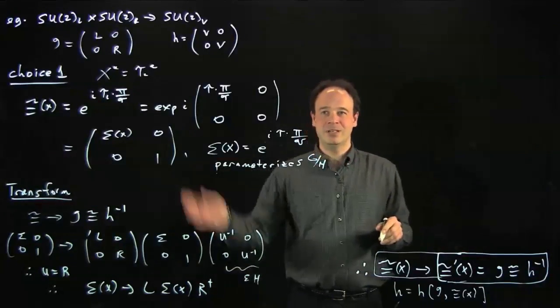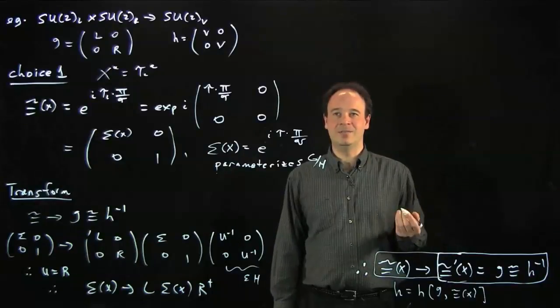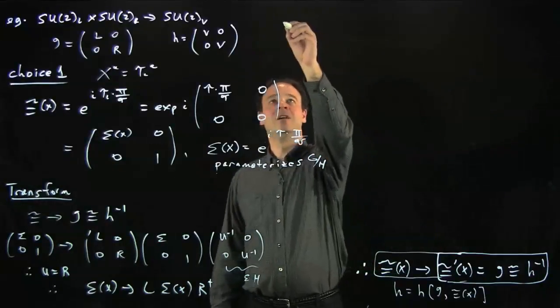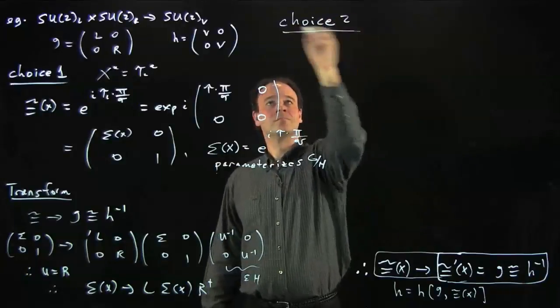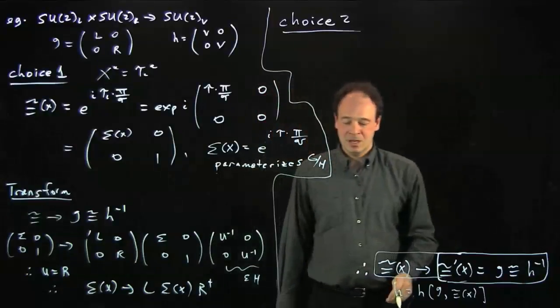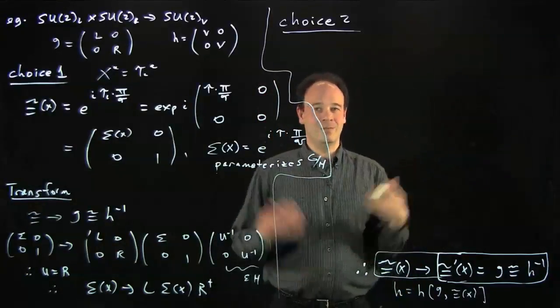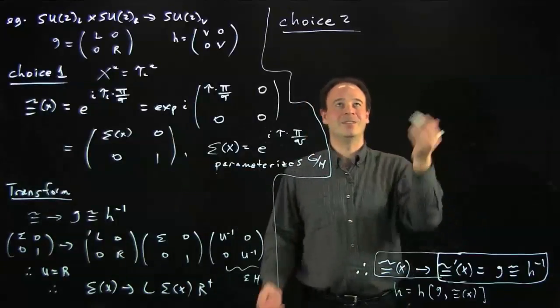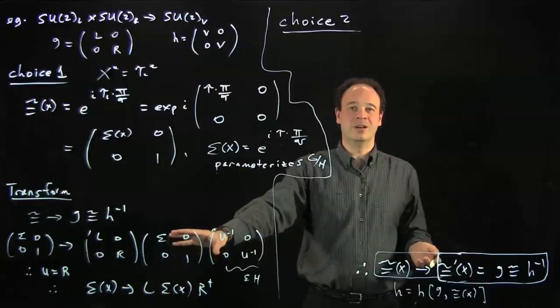OK, so we've seen one example, this choice 1. Let's see a second example to see what is different if we make a different choice. So let's discuss choice 2. All right, so instead of taking x just to be the tau left, you might say, well, why tau left? Why not tau right? So I could pick x to be the tau right, but then it would end up being really just a mirror of what we saw over here.